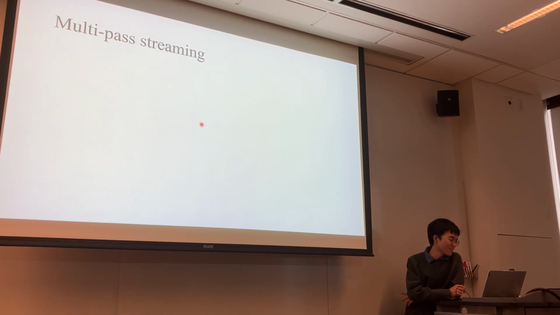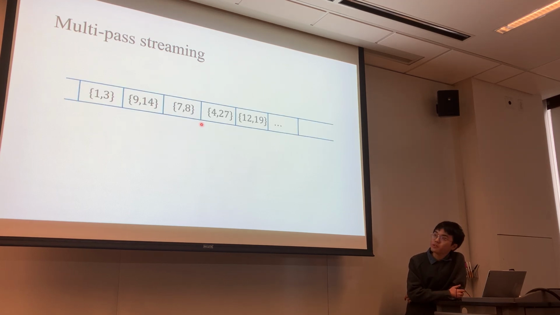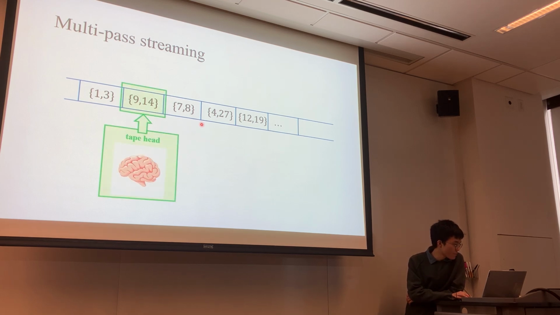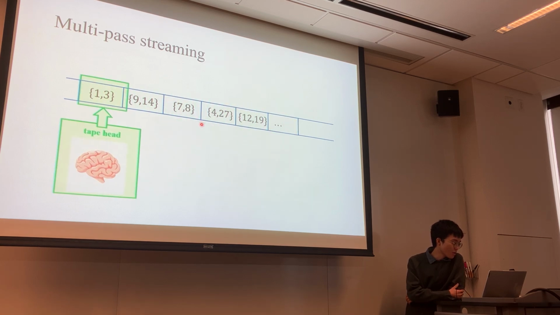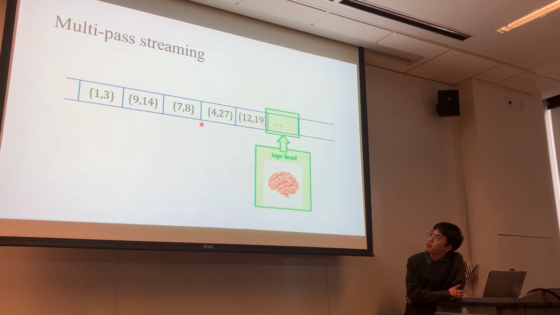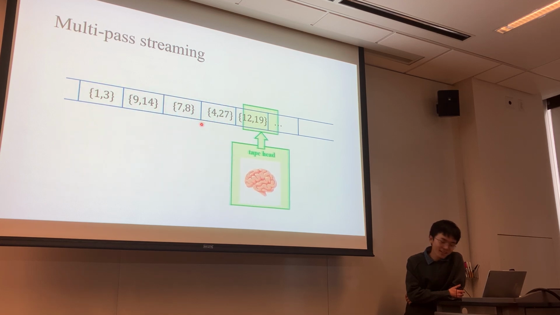We're going to talk about the model of multipass streaming. Multipass streaming is similar to a usual Turing machine model. The edges of the input graph are given in a sequence on an input tape, but the difference from the Turing machine model is that the tape head is only allowed to go in one direction and for a constant number of times.